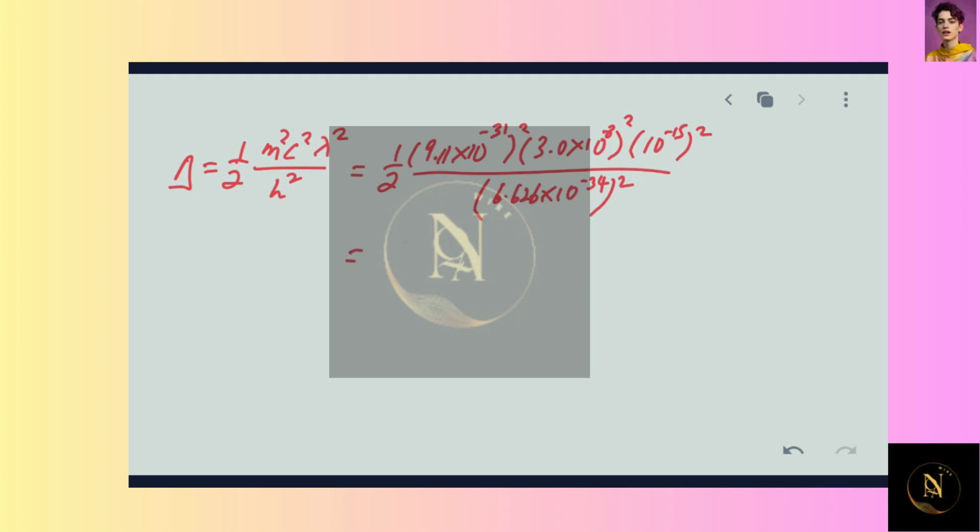We should get delta to be about 8.5 times 10 to the power minus 8. Therefore, the velocity should be equal to 1 minus 8.5 times 10 to the power minus 8, times c.